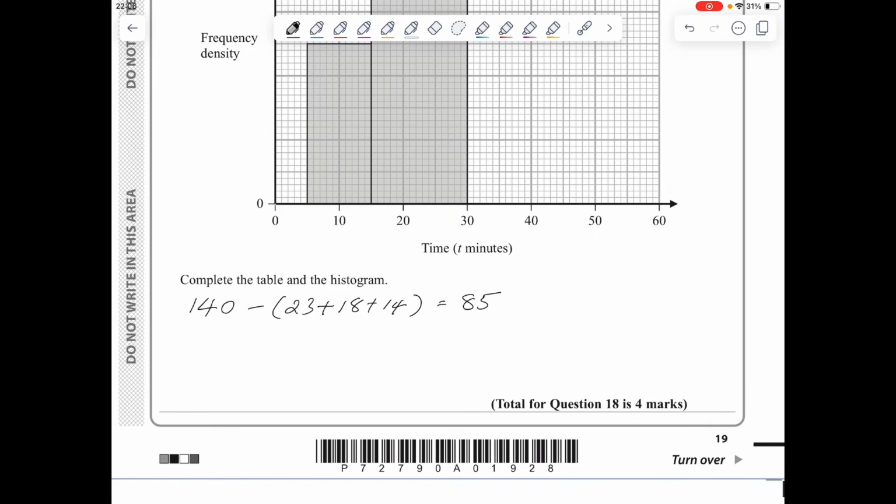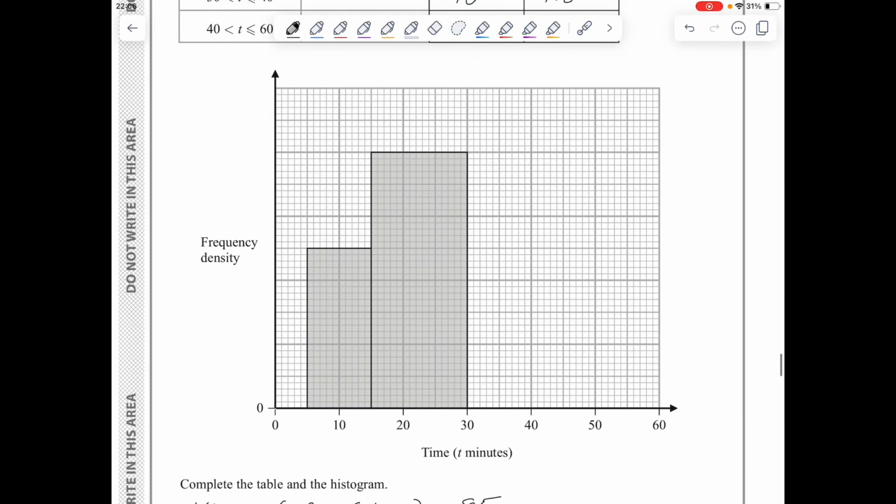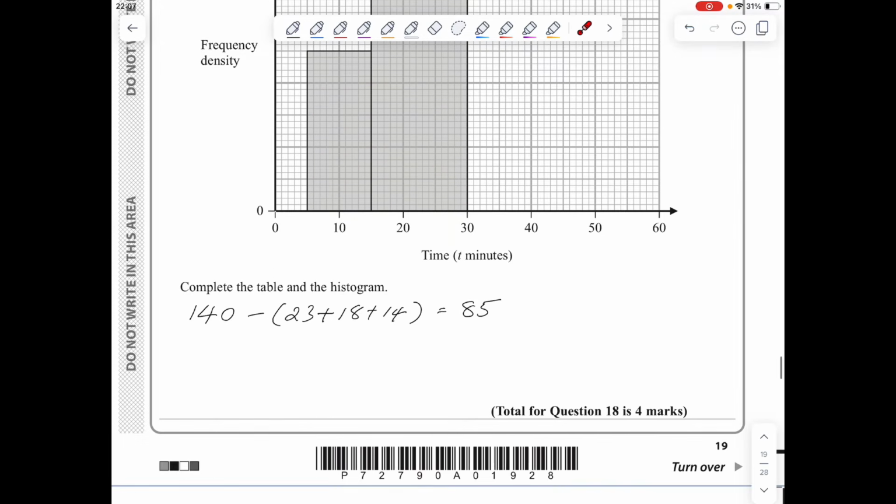And since I don't have a scale on my vertical axis, I will work with squares, and I've got 10 big squares here and 24 big squares here, so I have a total of 34 squares, and these 34 squares correspond to 85 people. Let's write this down. 34 squares is equal to 85 people.